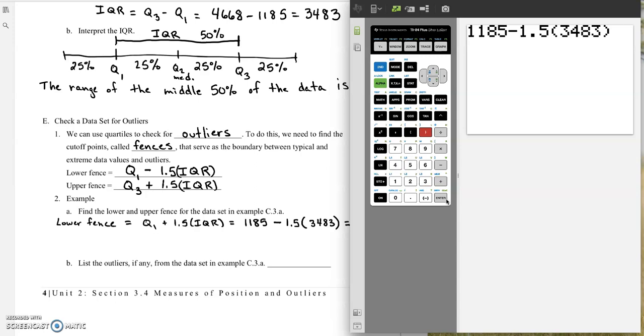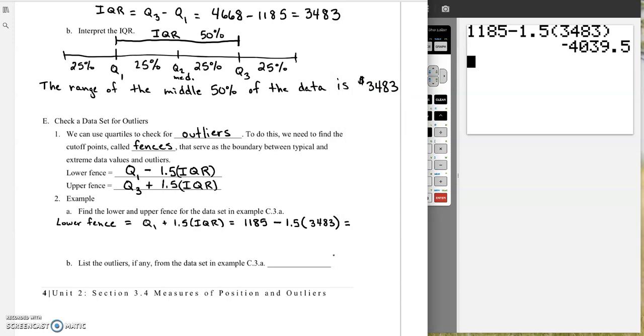So we can type that all in at once: 1,185 minus 1.5 times 3,483. And we get negative 4,039.5. So that's negative $4,039.50.